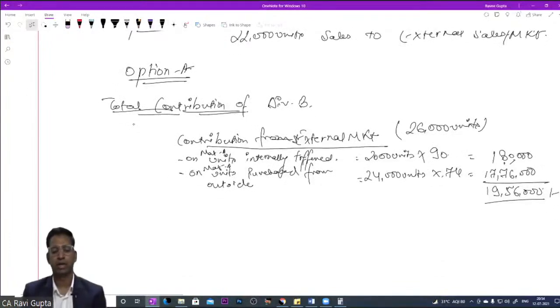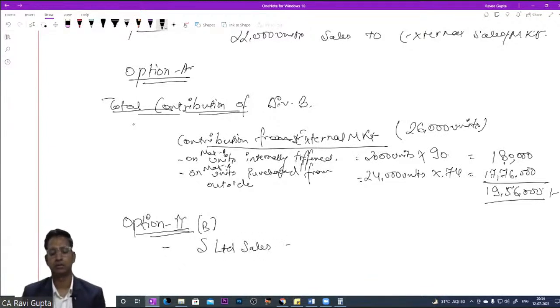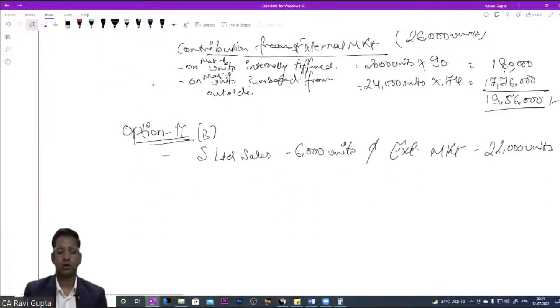If we follow option number 2, or option B, that is S Limited sales 6,000 units and external market 22,000 units, what will be the contribution?